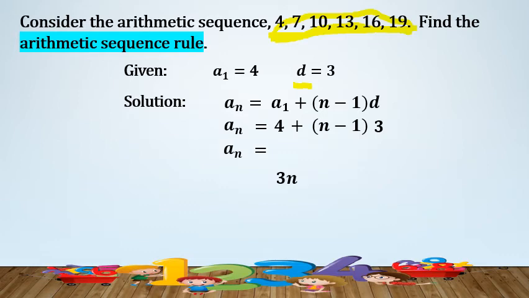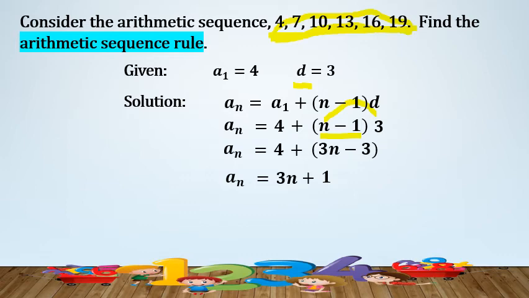We have a sub n equals 4 plus. Hindi naman pwedeng pagsamahin ang 3 at n minus 1. So, ang gagawin ay distribute 3. 3 times n, we have 3n. 3 times negative 1, we have negative 3. A sub n equals 3n plus 1.